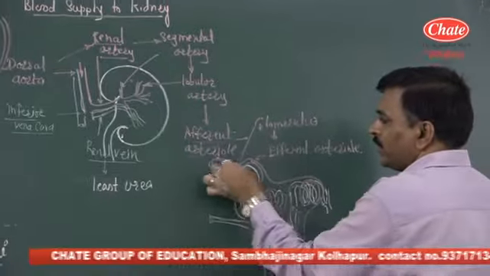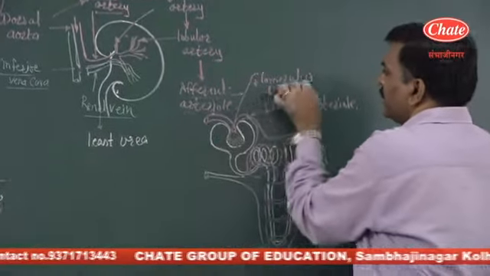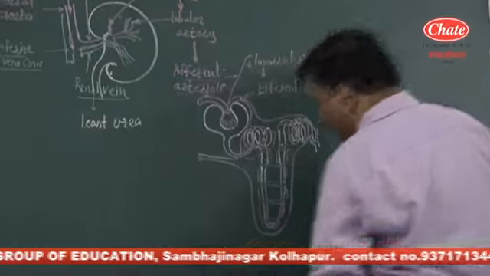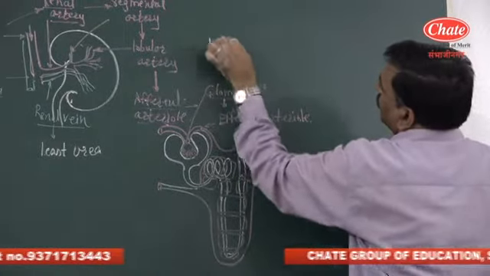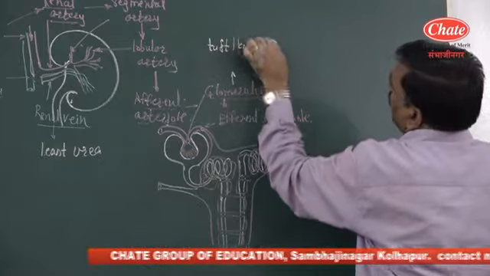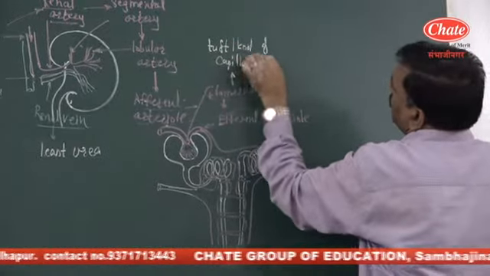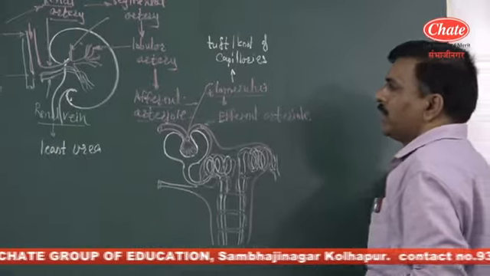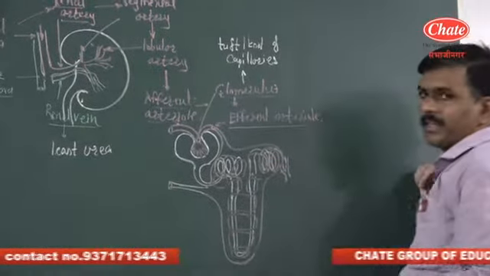The afferent arteriole bifurcates and forms capillaries, and this network of capillaries is termed the glomerulus. So the glomerulus is a tuft or knot of capillaries. This tuft of capillaries rejoins and forms the efferent arteriole.